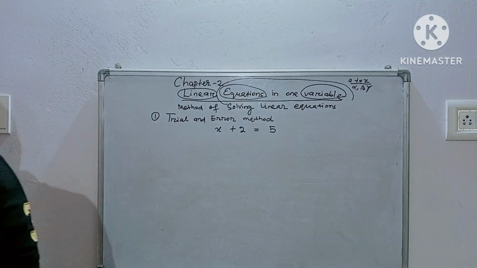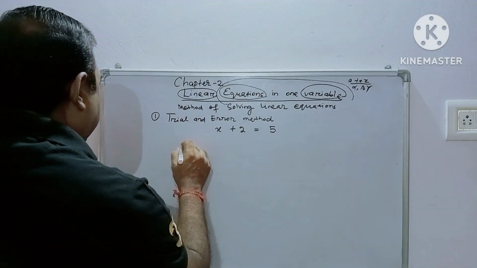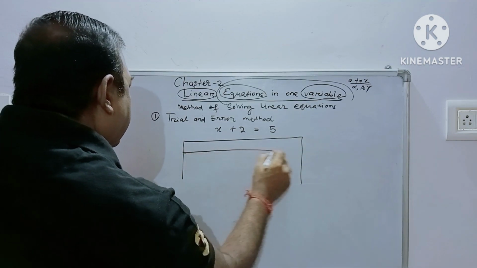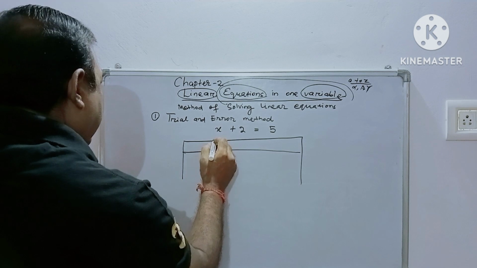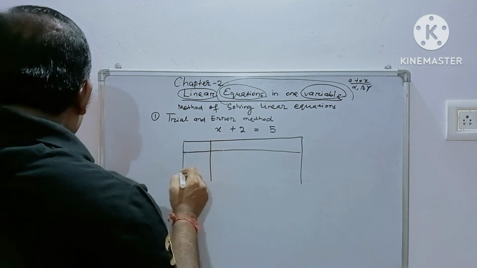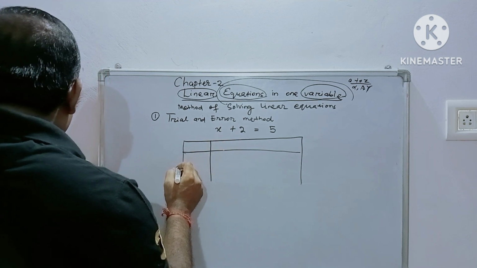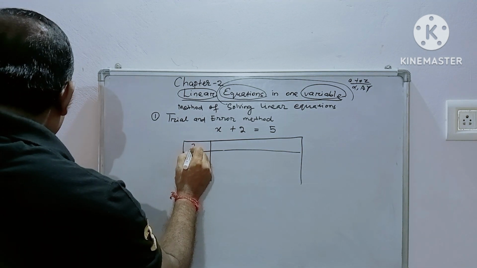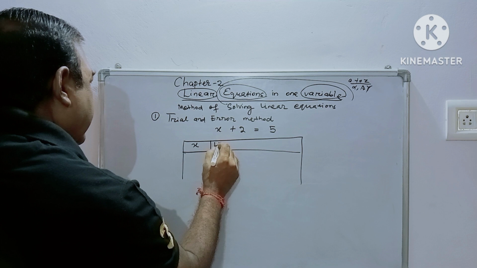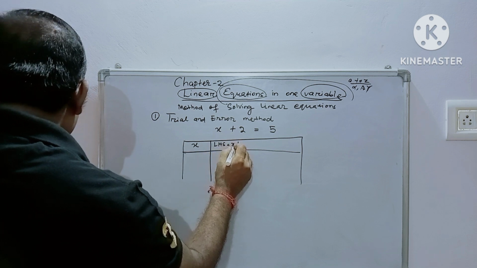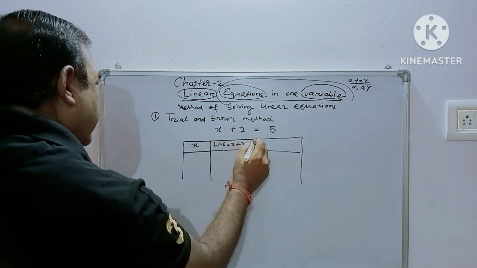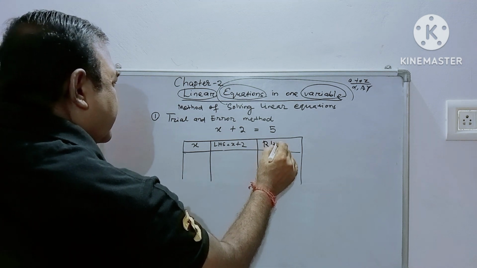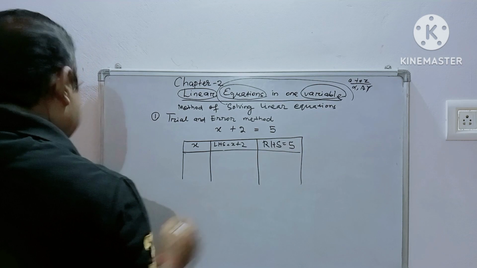So what to do here, you just make a table. You will have to try several values of the variable, so you write here x, and here LHS = x + 2, RHS = 5.